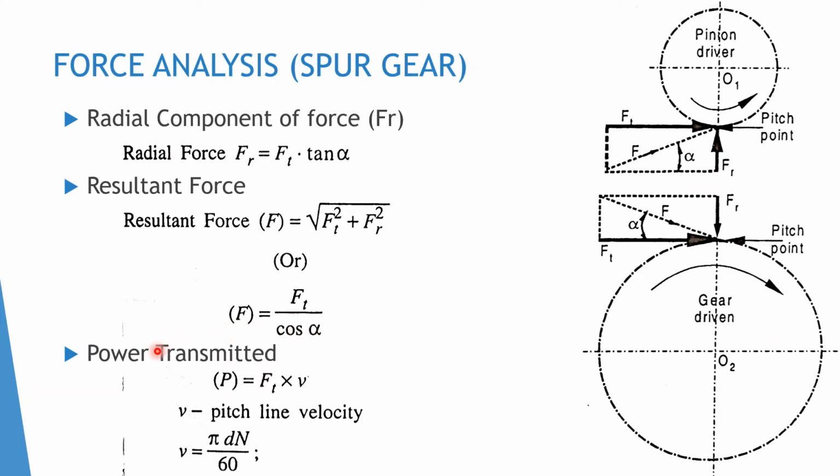The power transmitted P can be written as P is equal to Ft into V, where V is the pitch line velocity. That is the linear velocity at this pitch point, and that is equal to pi d N by 60, where N is in RPM, the rotation of this gear.